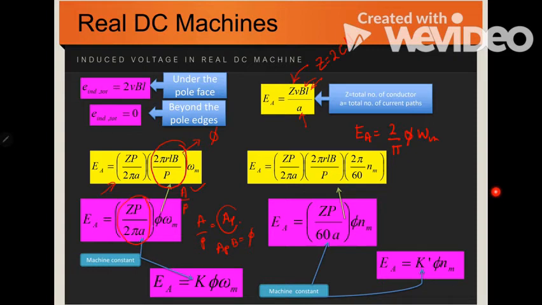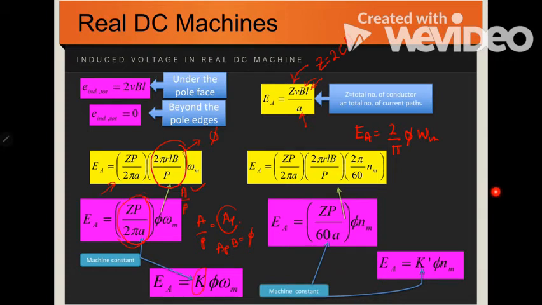So you will have this term as a constant, which involves the number of conductors, number of poles, and number of current paths. If we replace this term with one single value K, we can call this a machine constant.